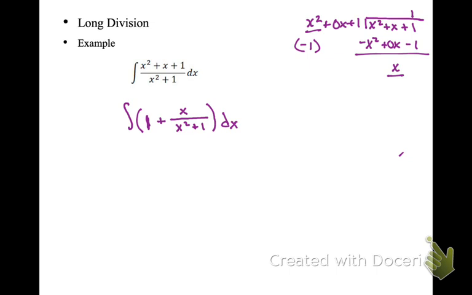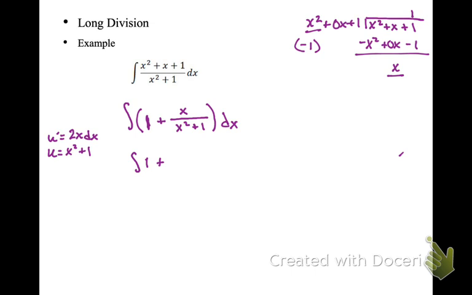So let's see if log will work. u would be x squared plus 1, and u prime would be 2x dx. So can we make this work? Yes. So what we have is the integral of 1 plus, what do we have to throw in front there?